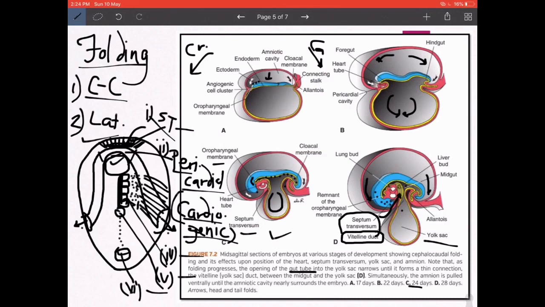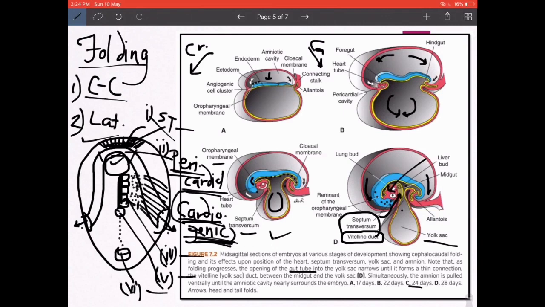Just understand that what was lying caudal to the septum transversum is now going to lie cranial to it, and the floor that was supposed to be the cardiogenic area has now become the roof, and that roof forms what are known as the heart tubes, which we shall study in the development of the CVS. So now you've got a heart tube underneath which lies the future pericardial sac.